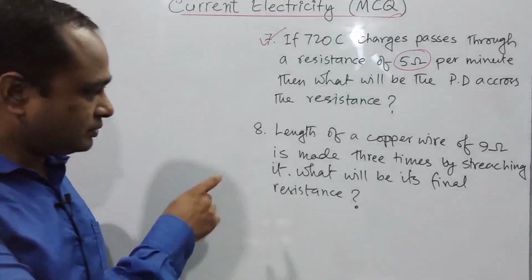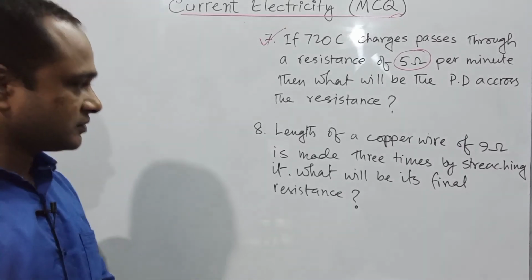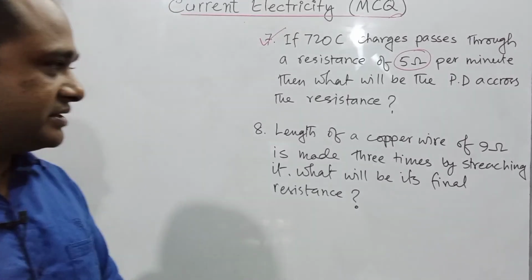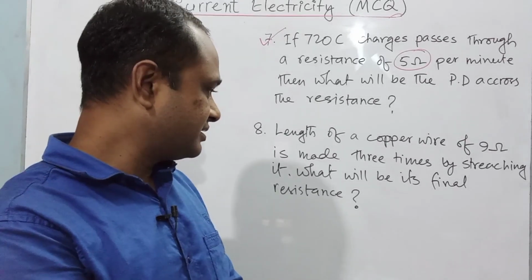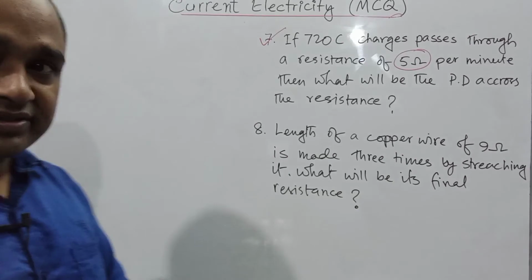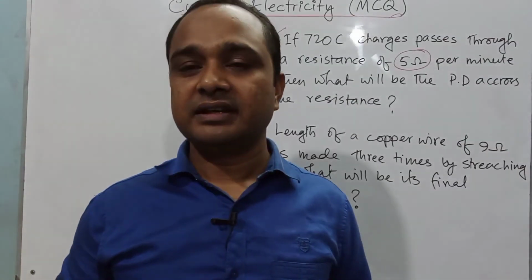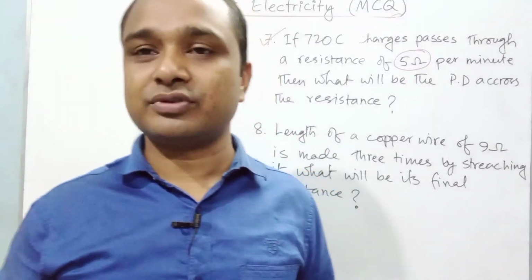Now we are going to solve our last question. The length of a copper wire of 9 ohm is made 3 times by stretching it. What will be the final resistance? We know resistance of a wire depends on its length and area of cross section.